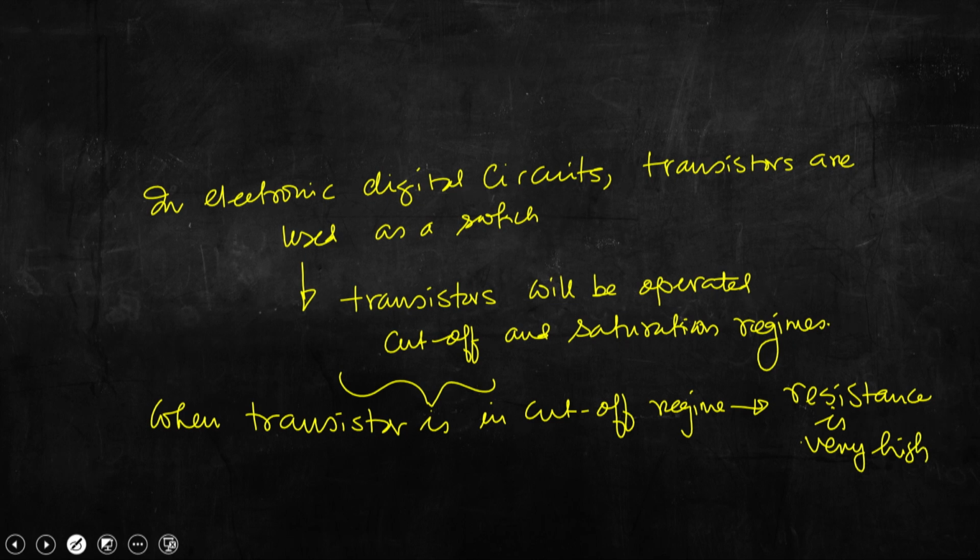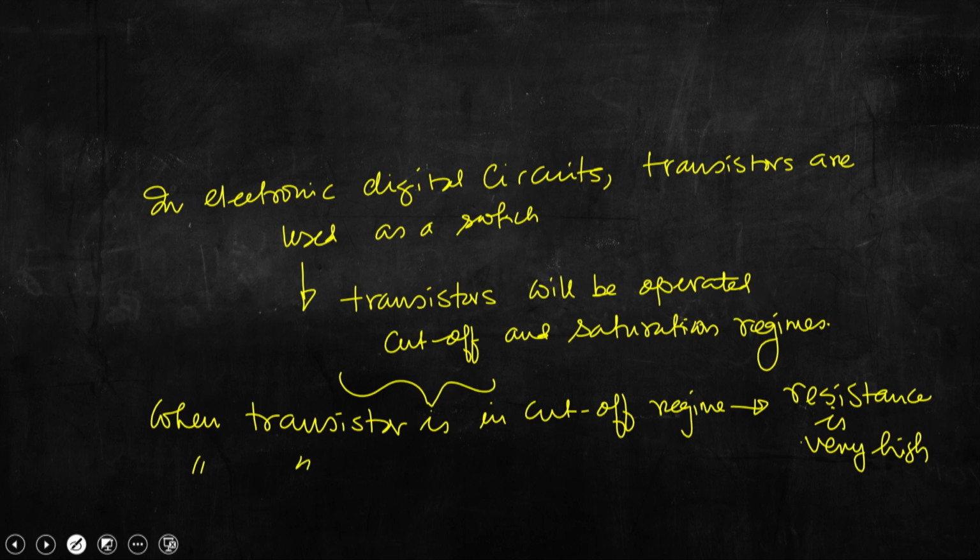As I told you, if the base emitter voltage VB is less than 0.7 volt, it is not possible to break the barrier that forms when the p type n type junction reaches equilibrium. So, the resistance is very high.